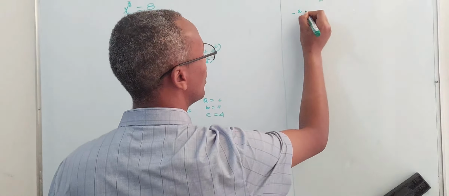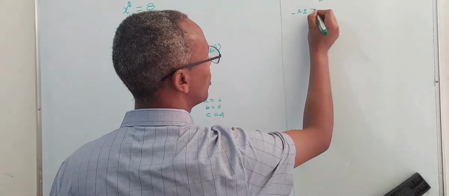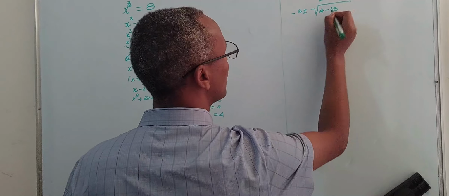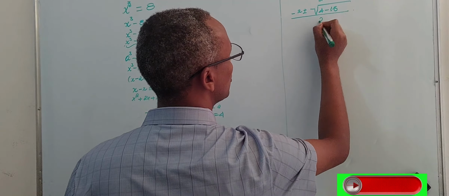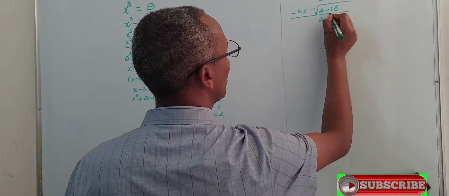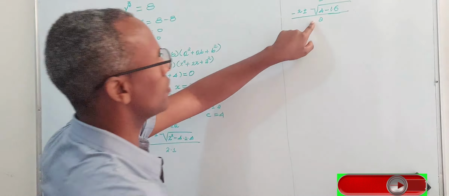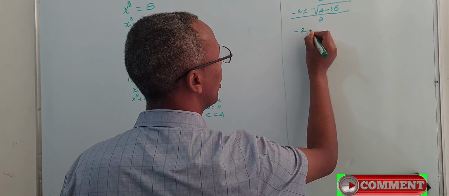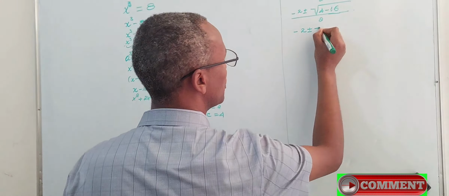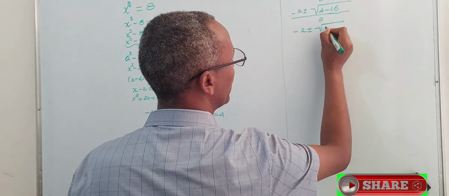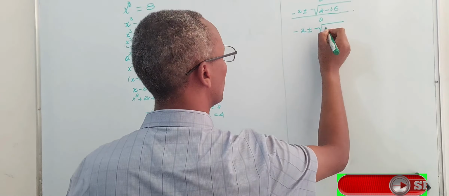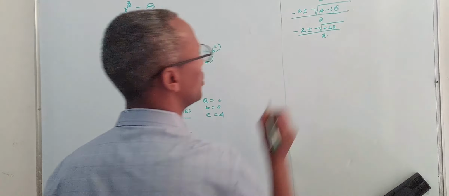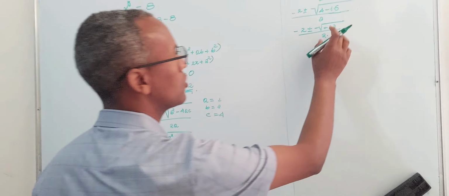So minus 2 plus or minus the square root of 4 minus 16, upon 2. This is 16. Now simplify: minus 2 plus or minus the root of minus 12, over 2.